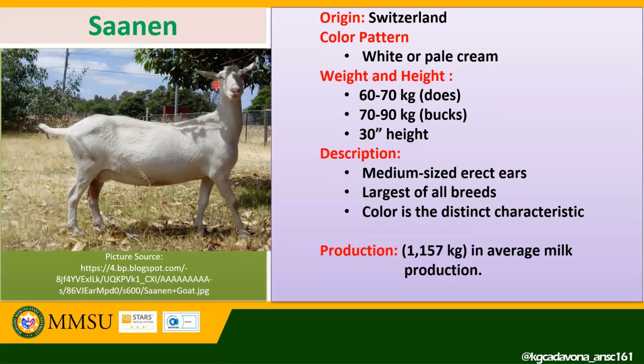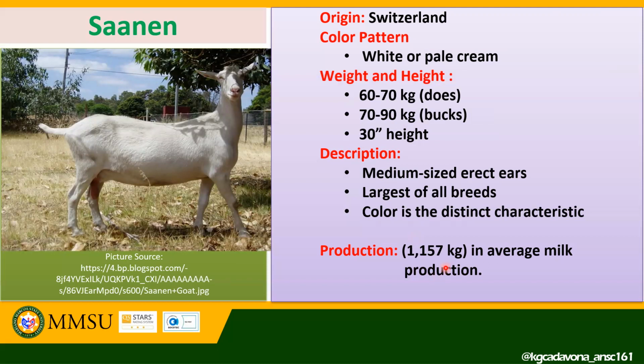Then as for an adult male Saanen, it usually weighs around 70 to 90 kilograms. Then for an adult female, it usually weighs around 60 to 70 kilograms with 30 inches in average height. Then if you could observe it, with all of the milk production capacity ng dairy goats, etong si Saanen ang may pinakamarami for around 1,157 kilograms.